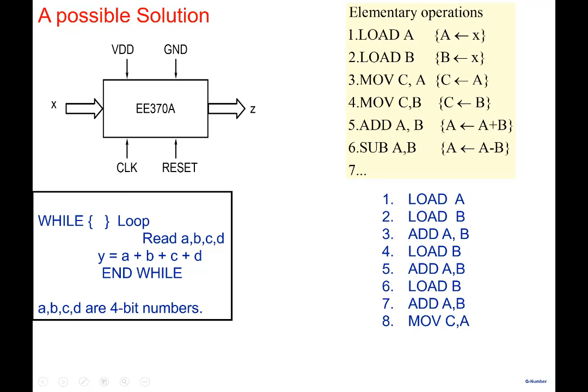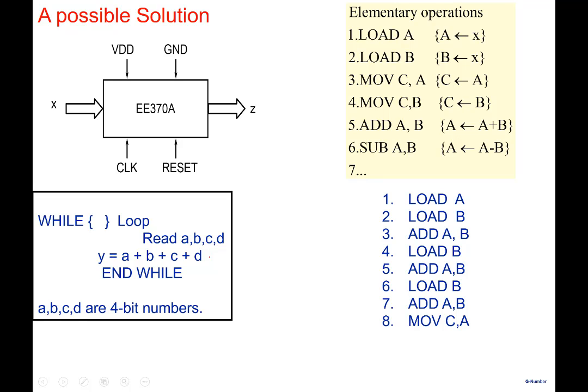First make the IC execute load A, then load B, then add AB, then load B, add AB, then load B, add AB, and finally move A to C. And you will see that the output is available in C. So this operation, y equal to A plus B plus C plus D, can be executed by asking this particular IC to execute these elementary operations: load A, load B, add A, B, and then your A plus B plus C plus D.